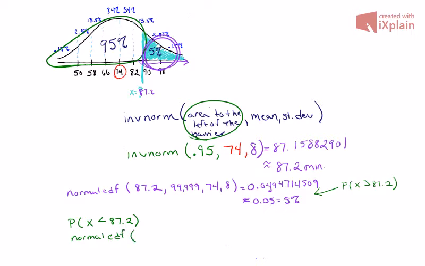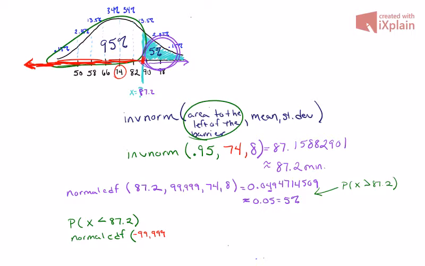And this time, let me highlight this in red. Sorry, there's going to be a lot of writing on that normal curve. If I'm starting at that 87.2, but I'm interested in what's going on less than it, the lower bound ends up going off into the negative direction. So I'm just going to use a negative 99,999 as my lower bound.